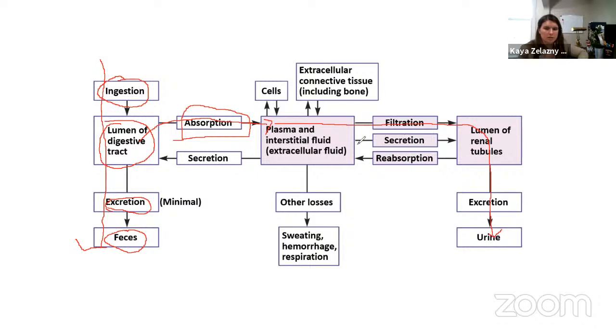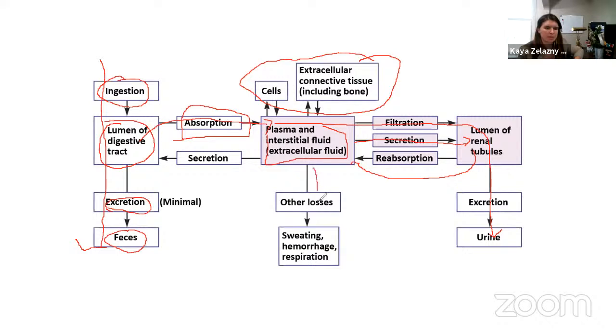This is showing us that secretion may also play a role. Reabsorption back from the renal tubules also adds to plasma and interstitial fluid water. We're going to have water coming in or potentially coming out from our cells' connective tissue.